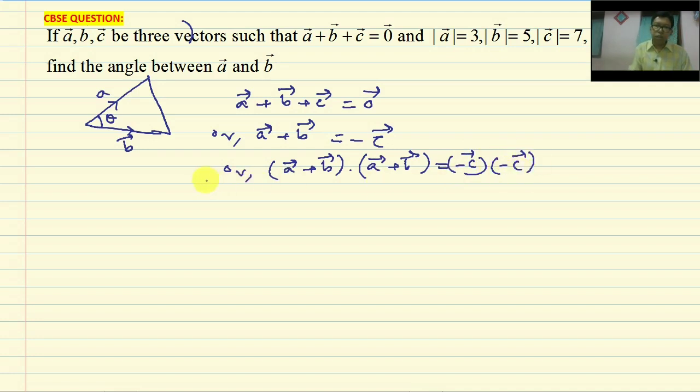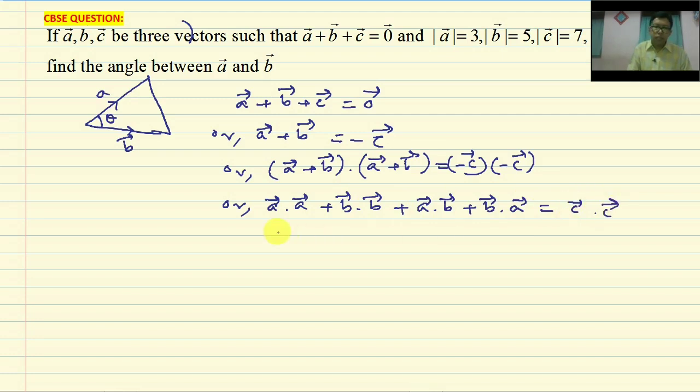Or A vector dot A vector is equal to modulus of A vector squared, so you may write it again: A vector dot A vector plus B vector dot B vector plus A vector dot B vector plus B vector dot A vector, and this is C vector dot C vector.